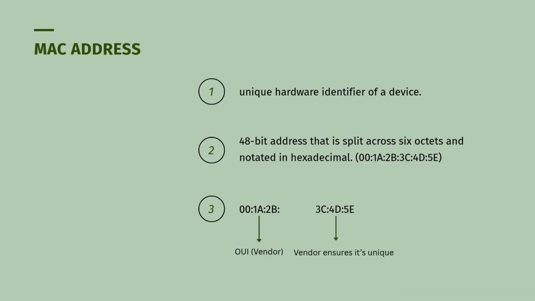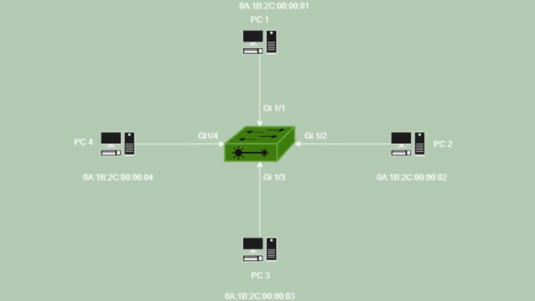The second half is a unique identifier assigned by the manufacturer to that specific device. So it's the work of the manufacturer to make sure that the last half is unique for every device. Switches use these MAC addresses to decide where to forward traffic.